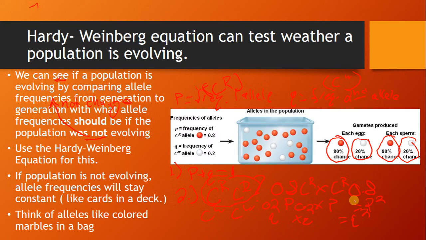Alright? So, we have P squared plus Q squared. What about the heterozygote? So what about CRCW? Well, that is going to be a little bit different. And I'm going to show you that example here on the next page.